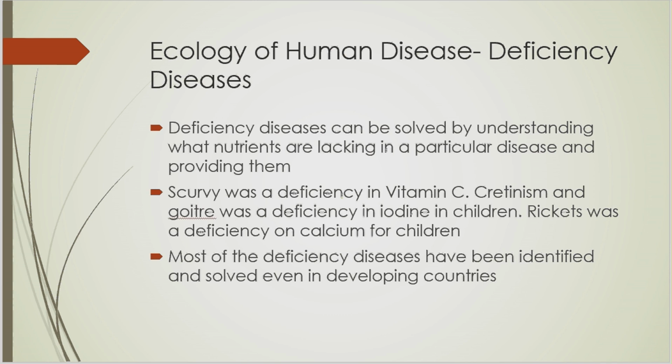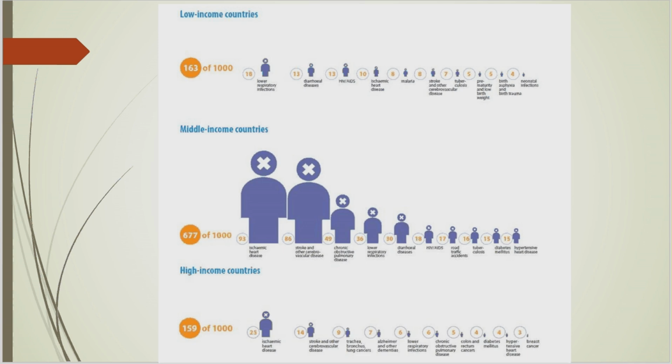And quite often they don't actually cause death. So even in low-income countries, you're not seeing a cause of death as being a deficiency disease. There is still certainly presence of all of these deficiency diseases in low-income countries, either chronically or at specific times when there is a disruption in food and so on.